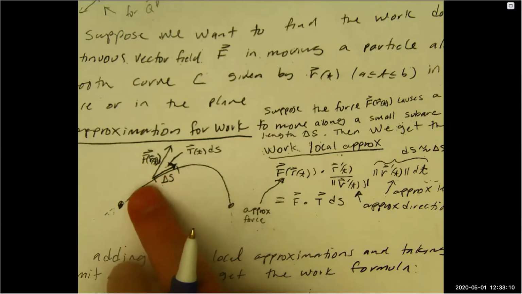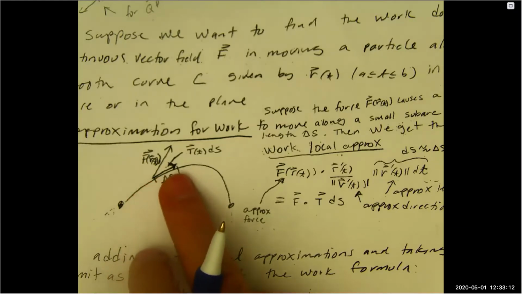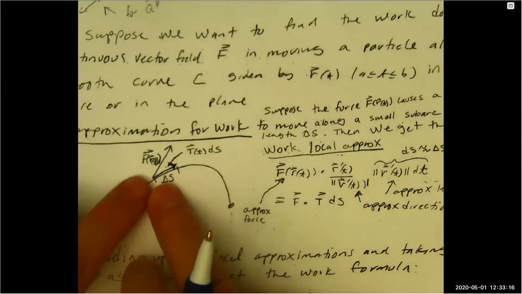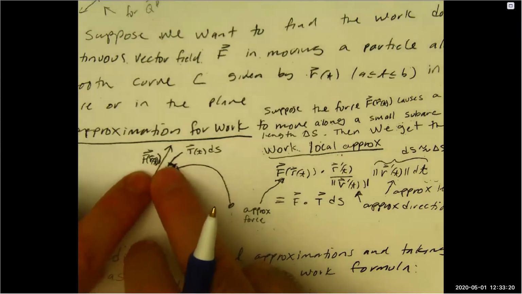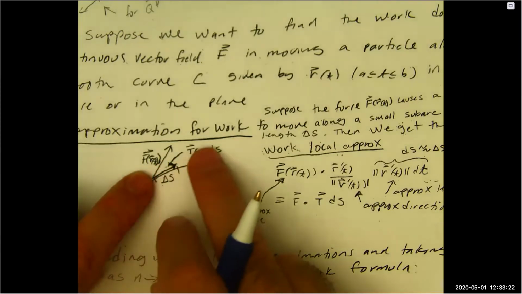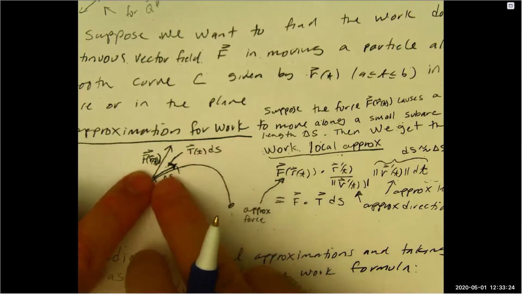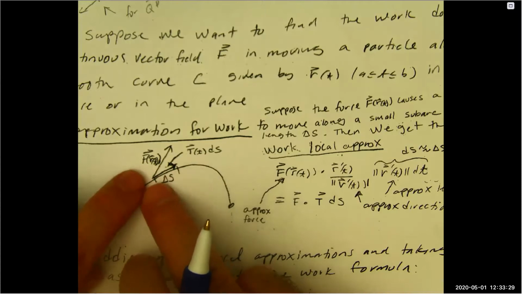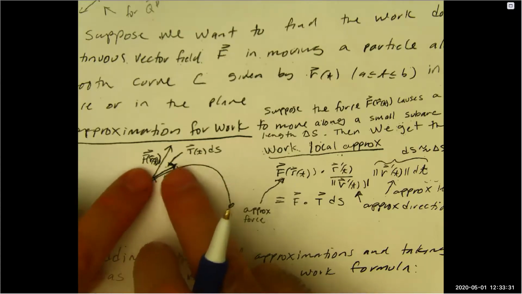So we can't really approximate how much work that is directly, but what we can do is think of the tangent vector and multiply it by ds here. And that's going to be this vector that you see here. And if the arc is small, that's going to be pretty close to the curve.